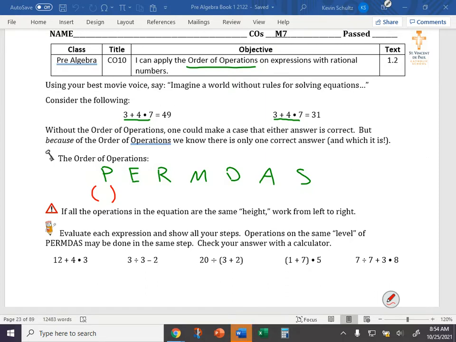What's the E, Lexi? Exponents. Yes. And exponents are that little raised number above a variable or any other base. We've talked about what powers are already. Exponent, power, same thing. What is the R?